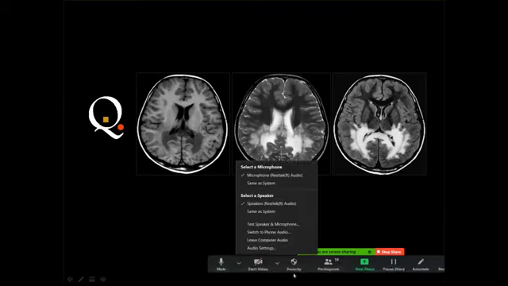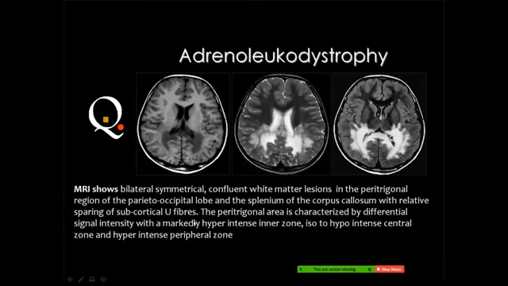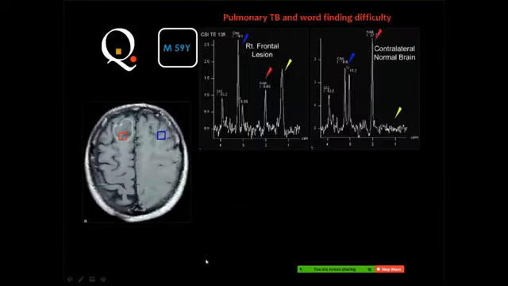Adrenoleukodystrophy. Yes, this is right, and this is a case of adrenoleukodystrophy, where you see abnormalities in the white matter, particularly in the parieto-occipital areas, of low signal in the T1, high signal in the T2, and the FLAIR. And if you inject the contrast, these lesions will peripherally enhance.